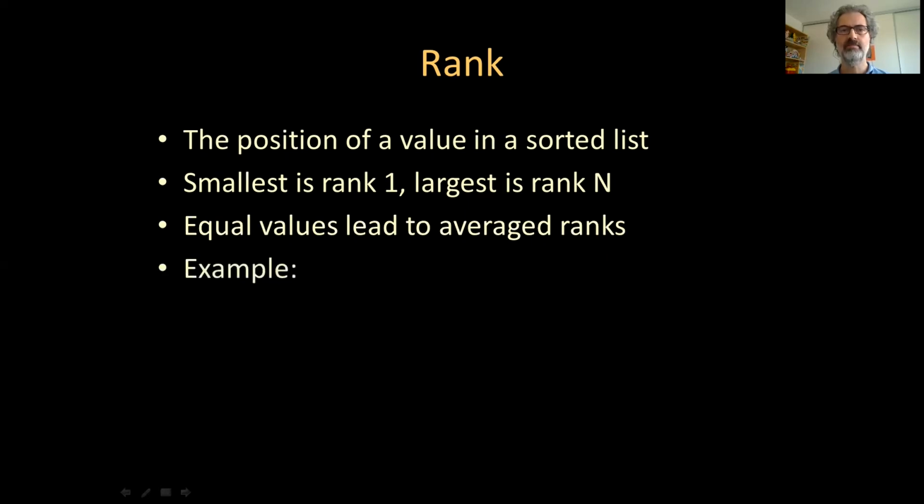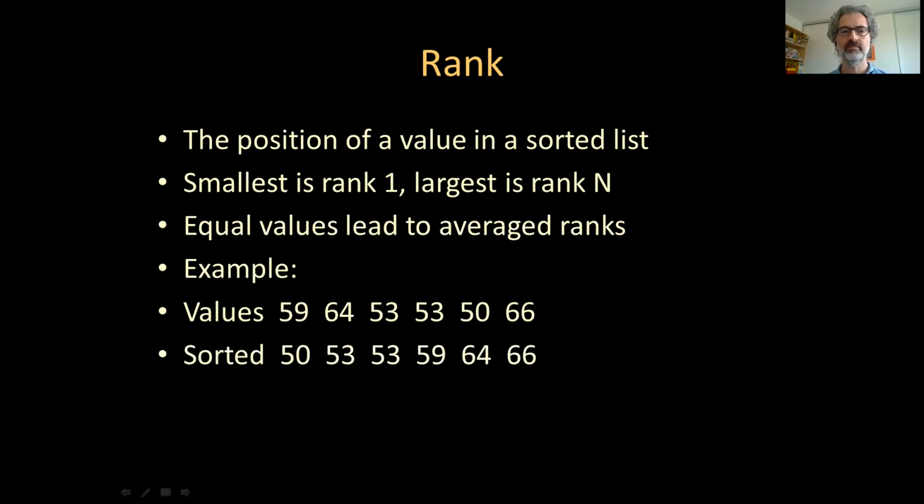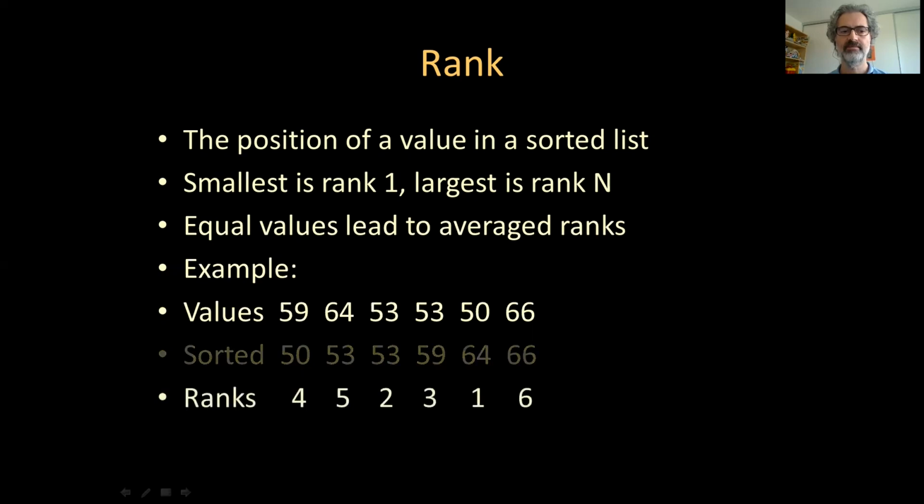Let's see with an example how this can work. Imagine we have collected these data, so there are 6 values. Perhaps these are some sort of test scores. The first thing we do is to sort them in ascending order. So the first one is the smallest, the last one is the largest. And then we use this order to replace each value with the corresponding rank.